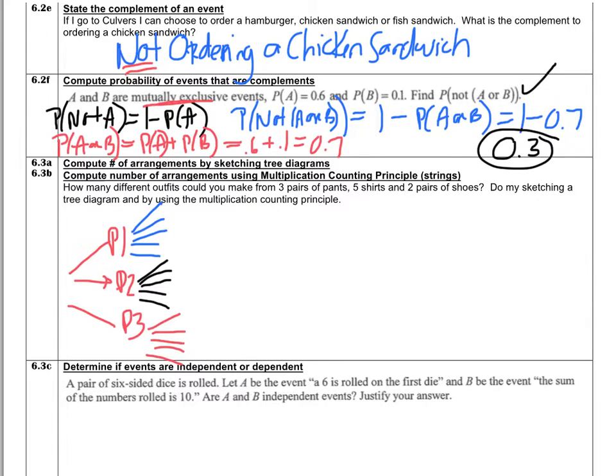Now after I make that choice, I now have to pick a pair of shoes. So if I chose pant 1 and shirt 1, I now have to choose what type of shoes I want. And from here, there's going to be 2 choices for shoes. What if I chose pant 1 in this second shirt? There's still going to be now 2 shoes. So all of these branches are going to have 2 pairs of shoes coming back at the end.